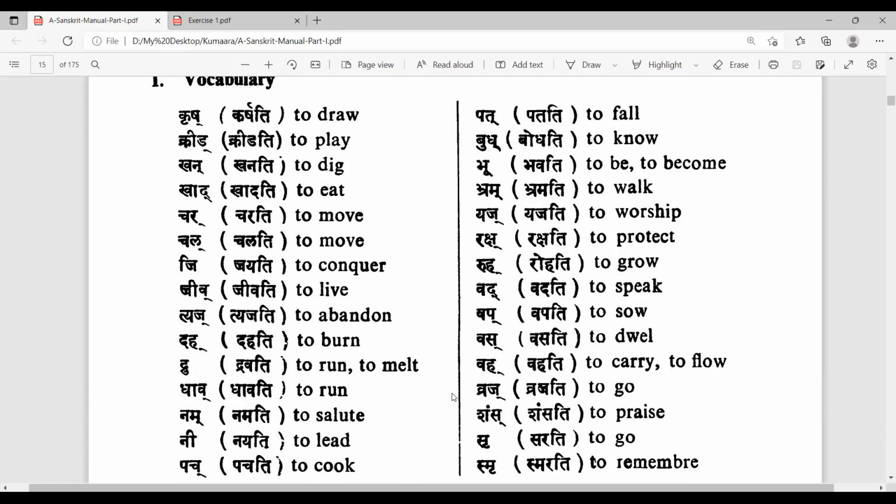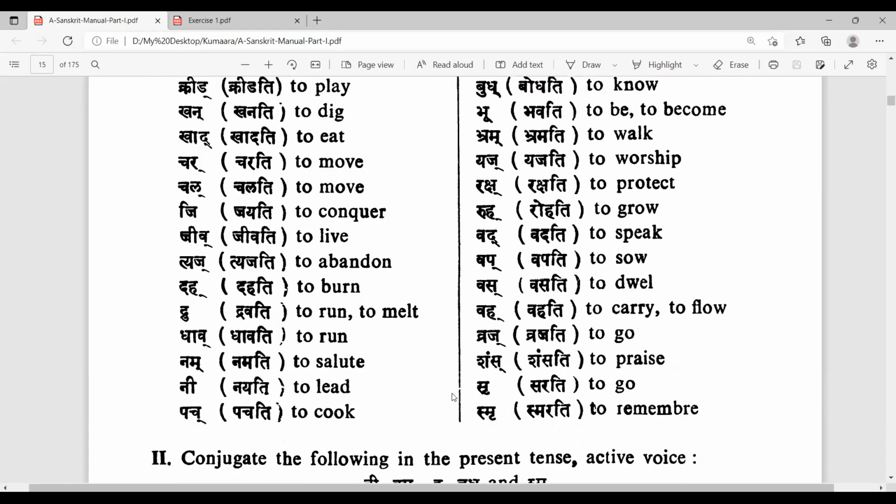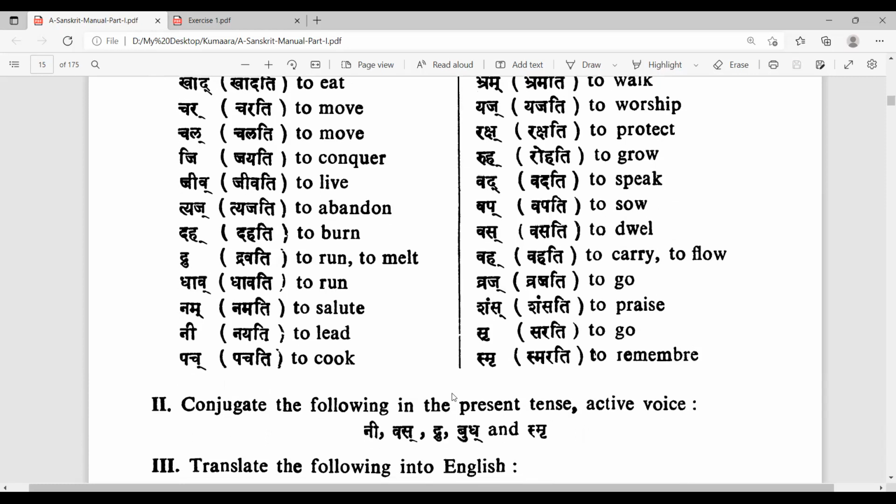Vad, vadati, to speak. Vap, vapati, to sow. Vas, vasati, to dwell. Vah, vahati, to carry or to flow. Vraj, vrajati, to go. Shams, shamsati, to praise. Sri, sarati, to go. Smri, smarati, to remember.